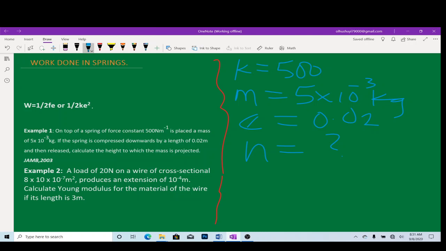But if you have this formula, the work done by a body by virtue of extension or motion is half Ke squared, your kinetic energy. Then the work done by a body by virtue of rest, just by it lying down, is mgh.